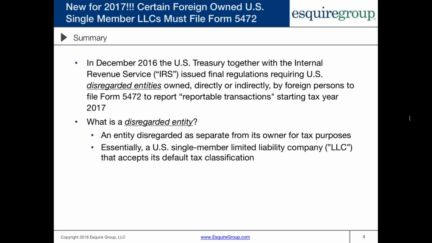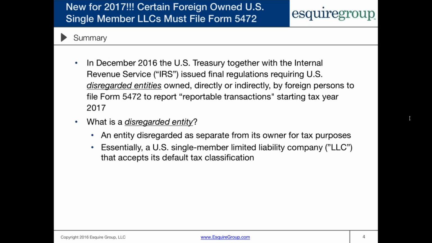So this sentence contains a lot of information that needs to be defined and understood in order to understand the Form 5472 filing requirements as it applies to U.S. disregarded entities. We need to explain what a disregarded entity is, what direct and indirect ownership is, as well as what reportable transactions are.